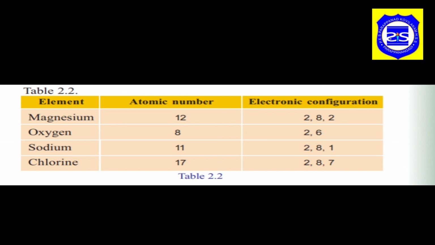How are the atoms in these molecules held together? HCl, NaCl, CO2, H2O, etc. These are the compounds. This HCl, hydrogen and chlorine combine to form HCl. How are these compounds held together?